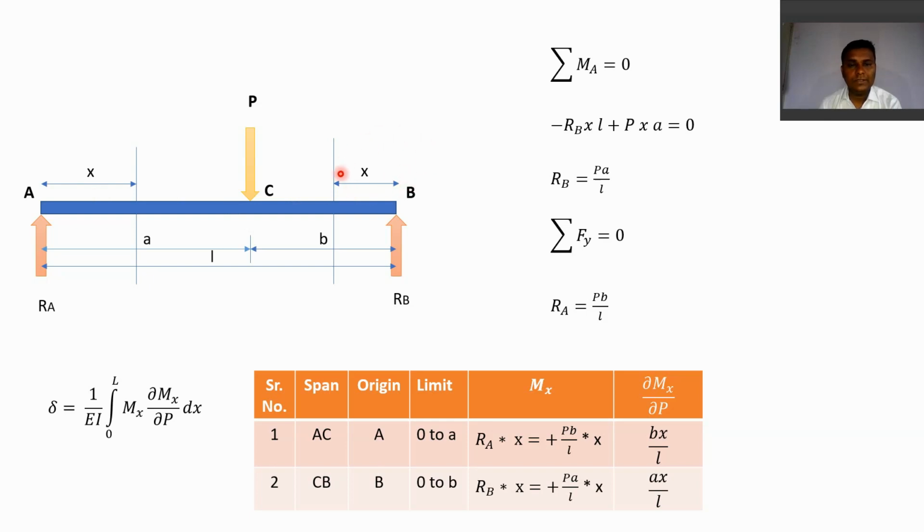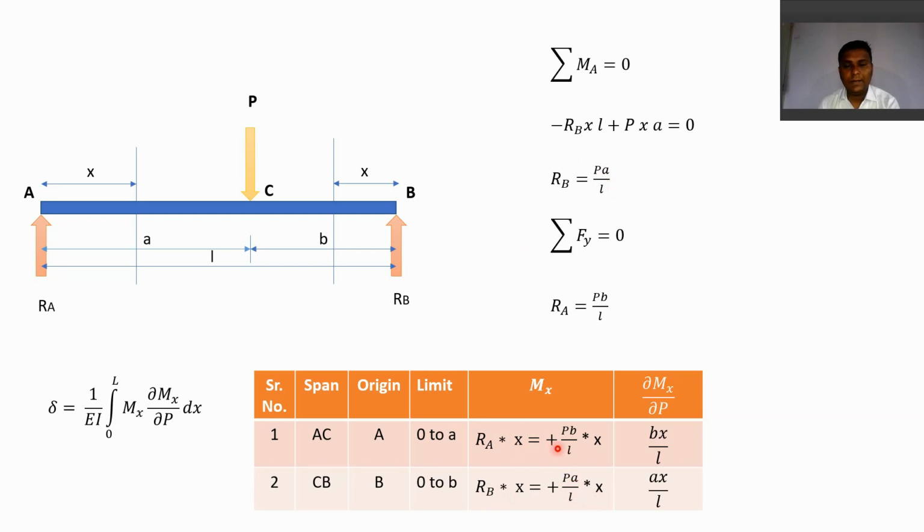When we consider the right hand side of the section, we have reaction RB, so we can easily take its bending moment about section XX. So for part CB, the equation of bending moment is RB multiplied by x. We can put the value of RB as Pa upon L, so the moment is Pa upon L multiplied by x.